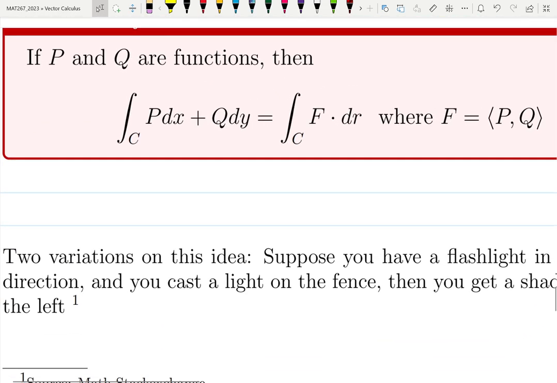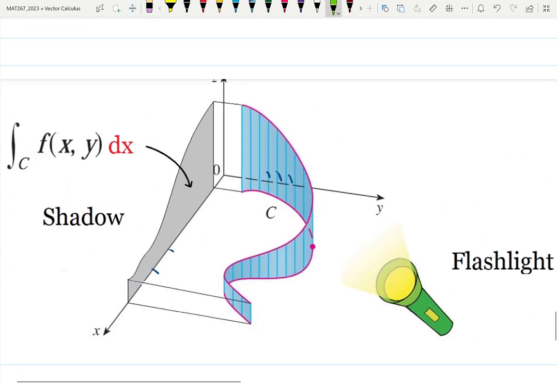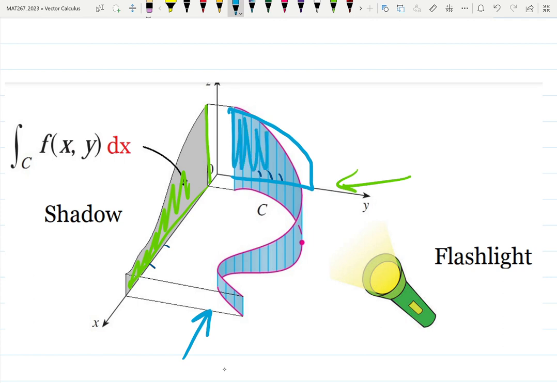I also like this explanation. Derivative of P with respect to x and derivative of Q with respect to y. This is the comparison of a flashlight. When there's a flashlight from the right, the shadow of this fence looks like this. When there's a flashlight from this direction, the shadow will be here, and it's different. So depending on what we're differentiating with respect to, that gives different shadows.